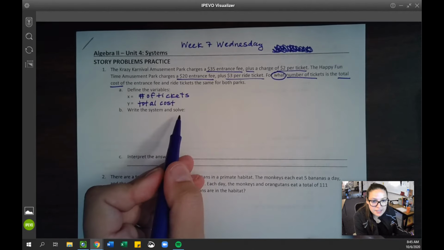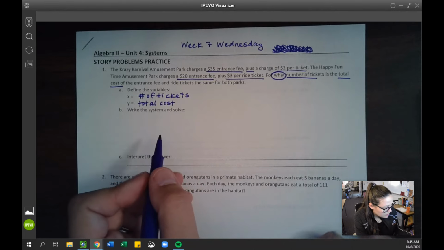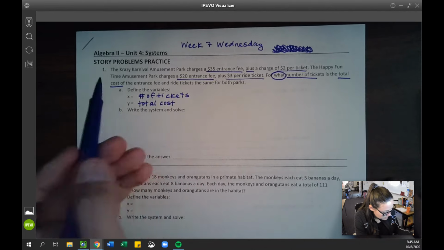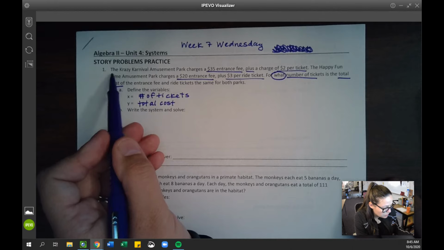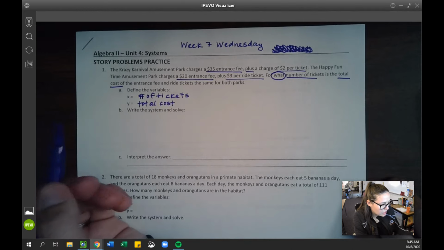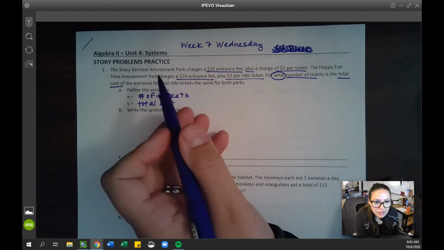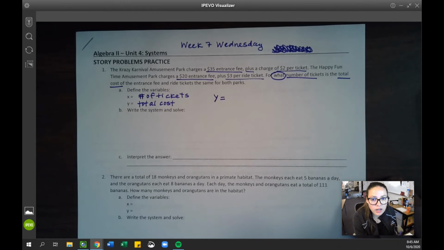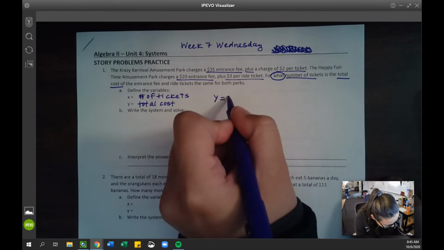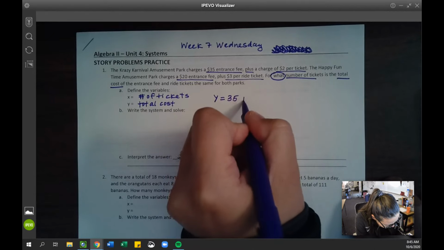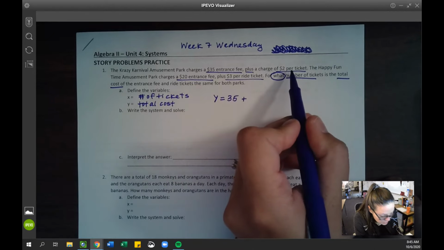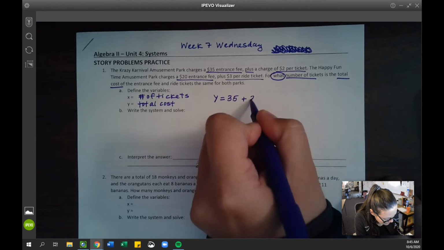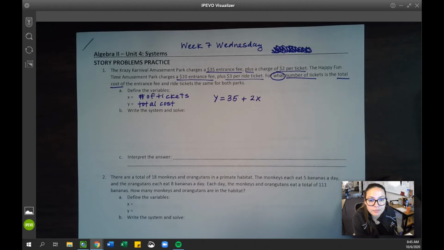Now it says write the system and solve. So let's write an equation for the Crazy Carnival park. So the total cost at the Crazy Carnival, so Y, which is my total cost, is equal to 35 plus $2 per ticket. So that means we have 2x.